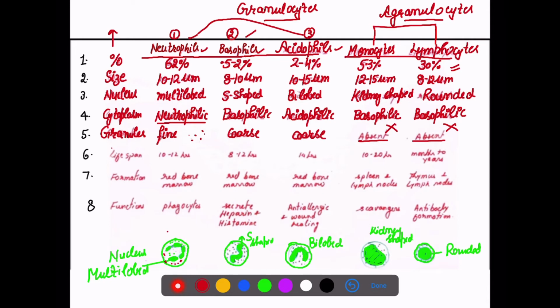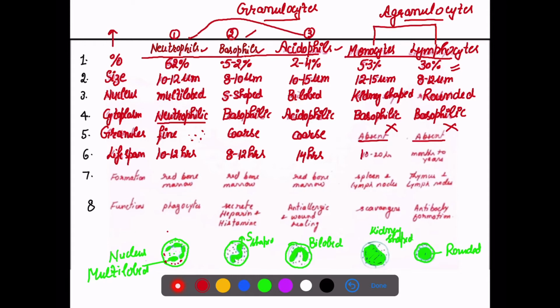If we talk about the lifespan of neutrophils, it is only and only 10 to 12 hours. Basophils, they live for 8 to 12 hours. Acidophils, they live for 14 hours.